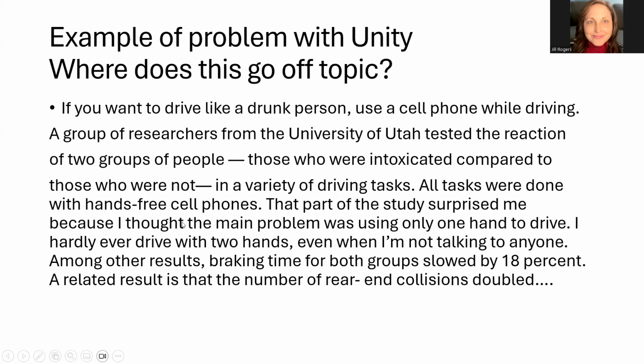That part of the study surprised me because I thought the main problem was only using one hand to drive. I hardly ever drive with two hands, even when I'm not talking to anybody. Among other results, braking time for both groups slowed by 18%. A related result is that the number of rear-end collisions doubled. I think, can you tell what's off topic?